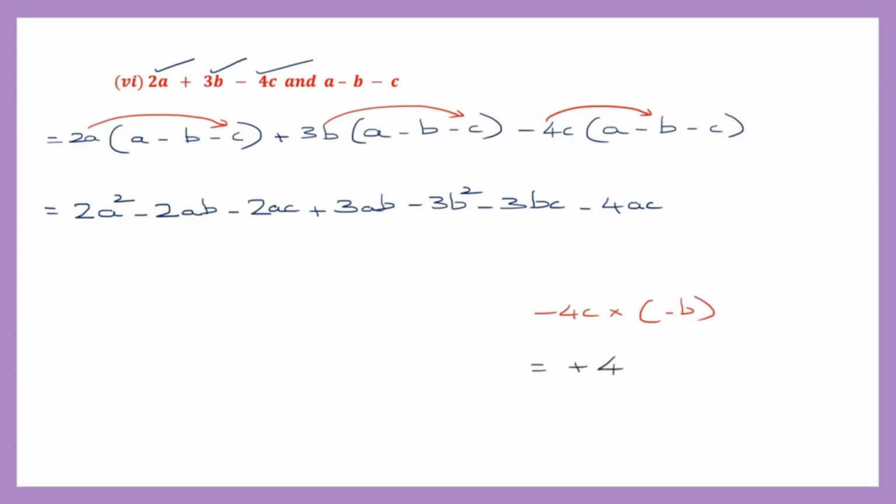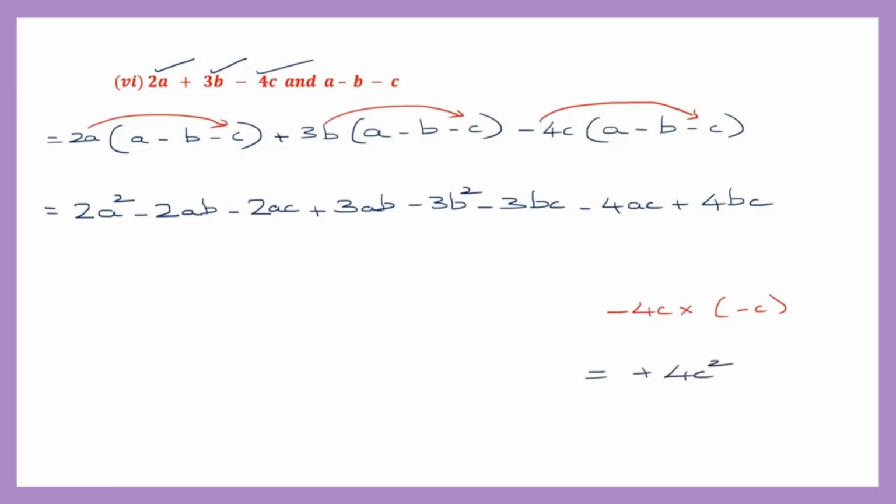The number is 4. c into b is cb or bc. So this is plus 4bc. Next we have minus 4c into minus c. Minus into minus is plus. 4c into c is c square. So plus 4c square. So let's begin to write our answer.